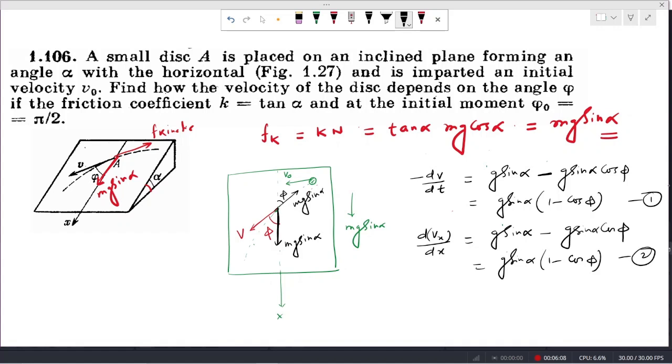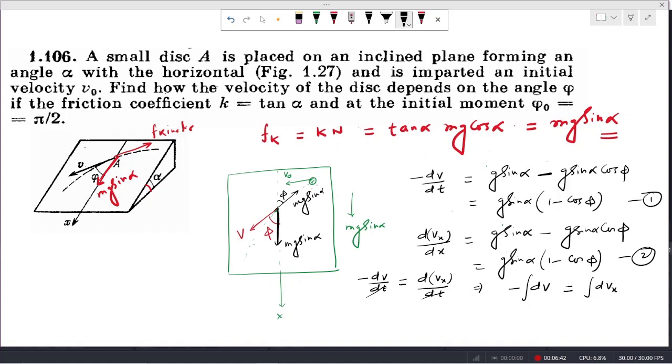So clearly we can see that in equations 1 and 2, right hand sides are equal, so left hand sides must be equal. Equating the left hand sides, we get minus dv by dt equals dvx by dt. This dt will get cancelled out. If we integrate both sides, we get integral of minus dv equals integral of dvx.